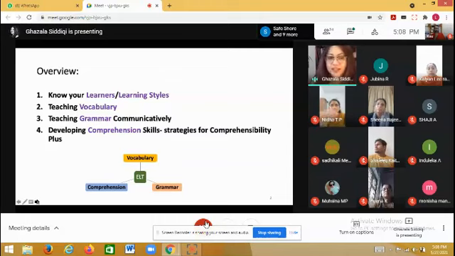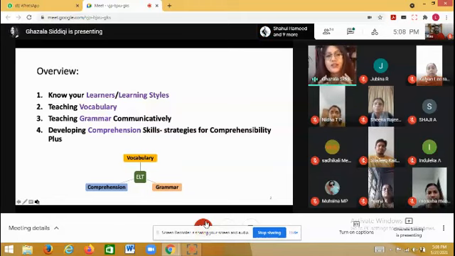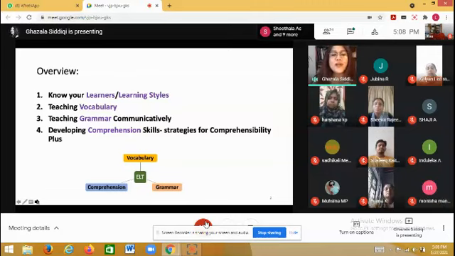One is vocabulary, the other is grammar and comprehension skills. If we as teachers have a good command, good control over these tools, the way we present these tools to the students, our teaching can be hoped to be very productive. All right, so this is the overview that we are going to do today.